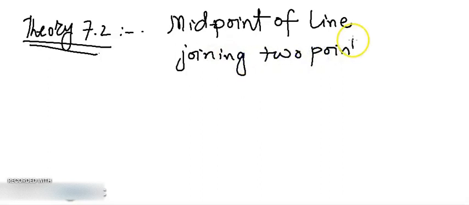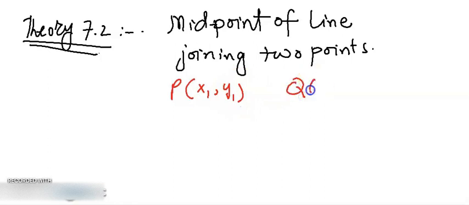For example, we are given 2 points. Say one point is P, and I'll call its coordinates x1 y1, and suppose we have another point, call it Q, and its coordinates are x2 y2.